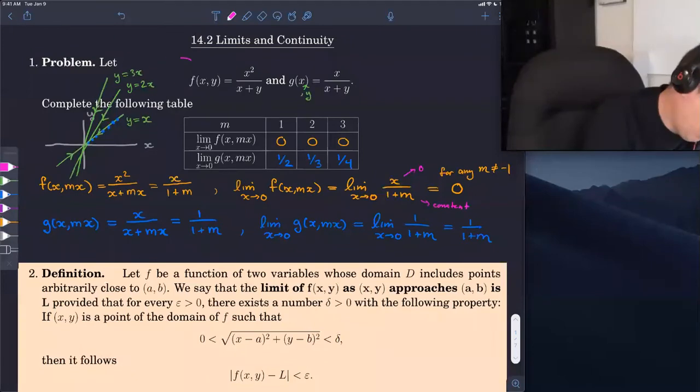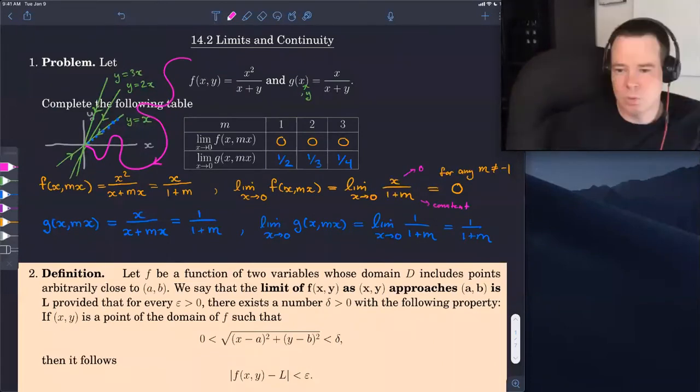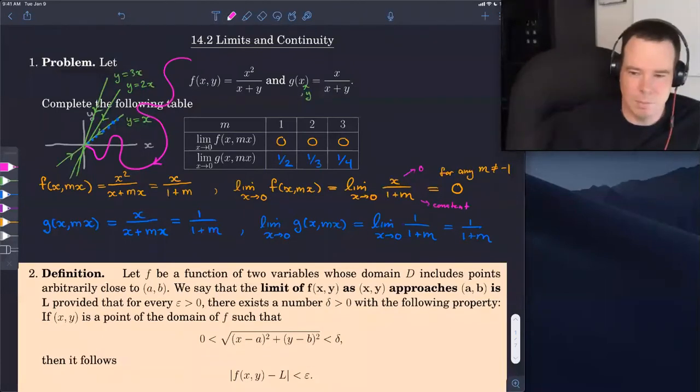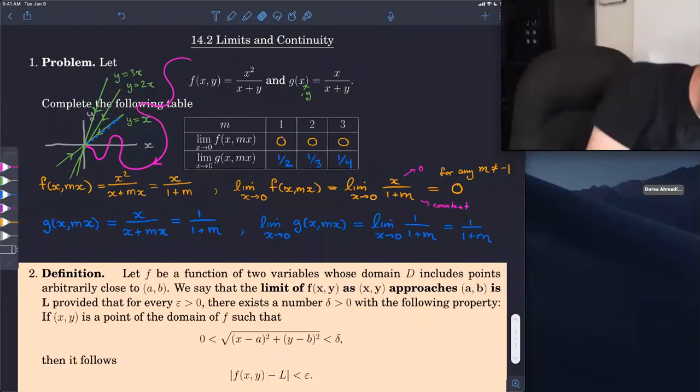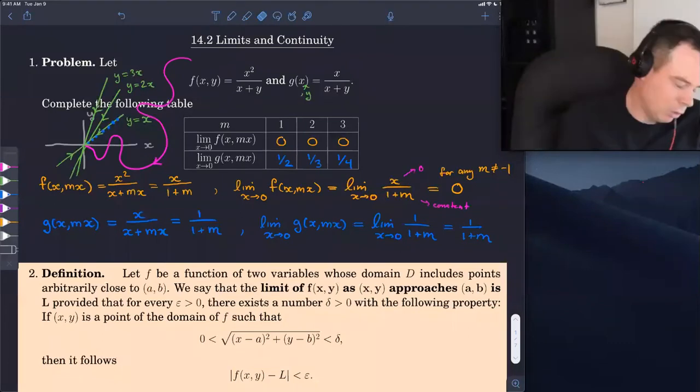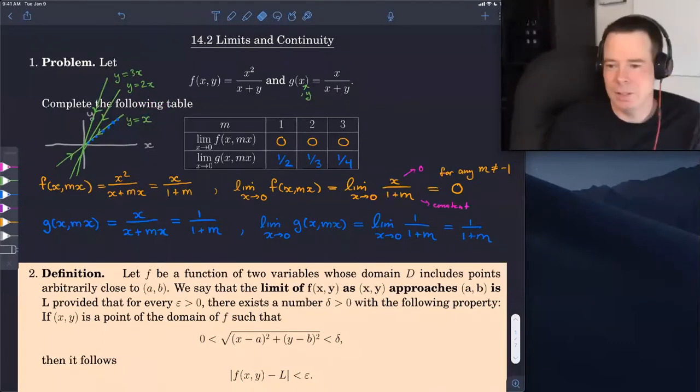Maybe there's a way to approach the origin so that if I let my points run along this curve, my function f approaches a different value entirely from 0. It may approach some other value. And this means that limits are a tough cookie to crack when we're in multiple dimensions. So we're going to have to define what we mean by a limit and then look at some examples of these subtle points.